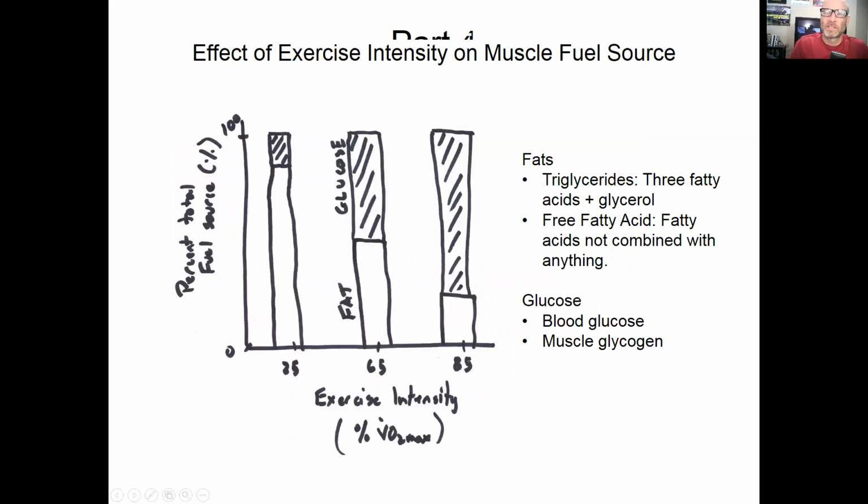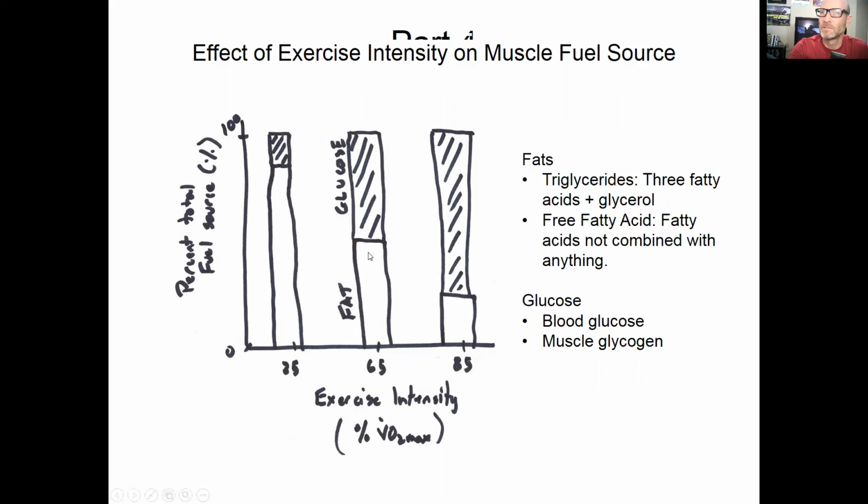This is just a classic hand-drawn type of figure that you'll see in the textbook. On the y-axis is percent total fuel source, and on the x-axis is exercise intensity. The clear bars are fat, and the shaded region is glucose or carbohydrates. At low intensity, mostly fat, this is 100%, and some glucose.